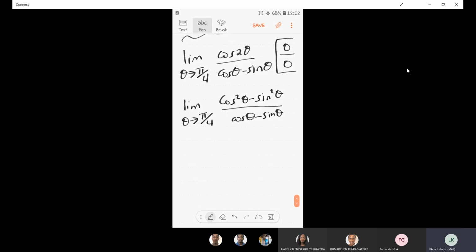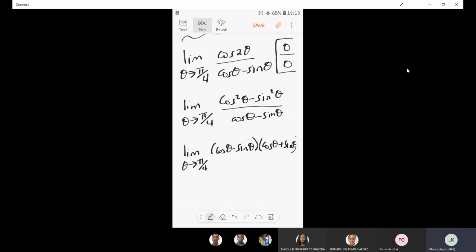Then my numerator, I can factorize it using the difference of squares. So this is the limit as theta goes to pi over 4 of cos theta minus sine theta, cos theta plus sine theta.